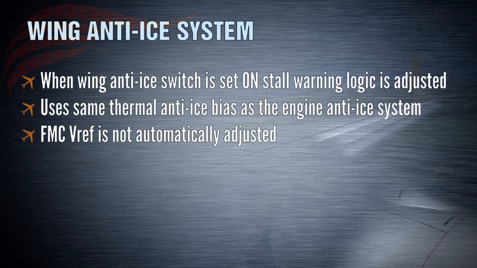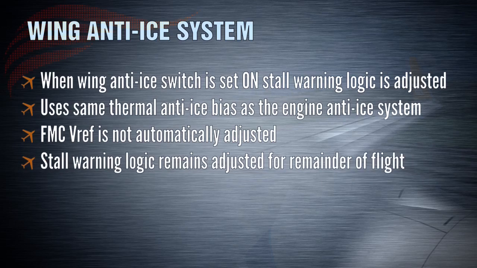The FMC displayed VREF is not adjusted automatically, so anti-ice system usage must be accounted for in landing performance calculations. Once wing anti-ice has been selected on in flight, the stall warning logic remains set for icing conditions for the remainder of the flight, even if the wing anti-ice switch is selected off again.